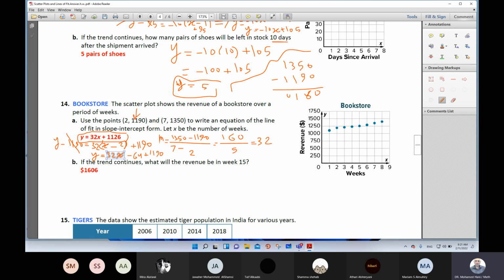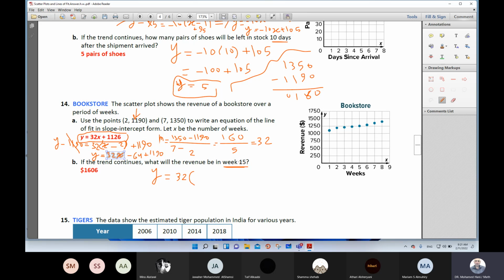And if the trend continues, what will the revenue be in week 15? The value of x represents the number of weeks. So go back to the same equation, y equal 32x.